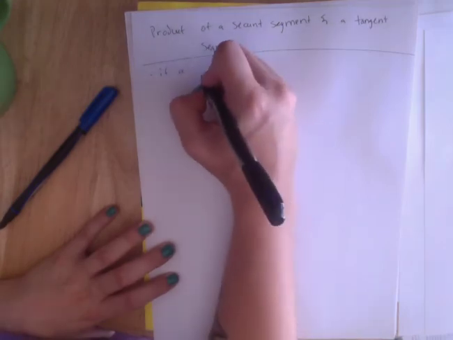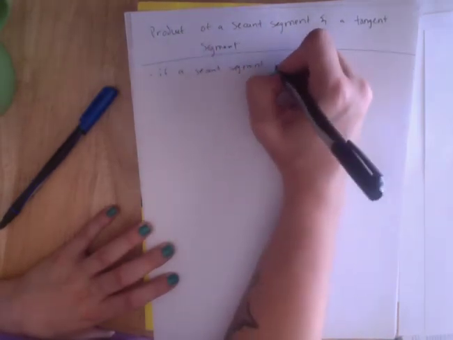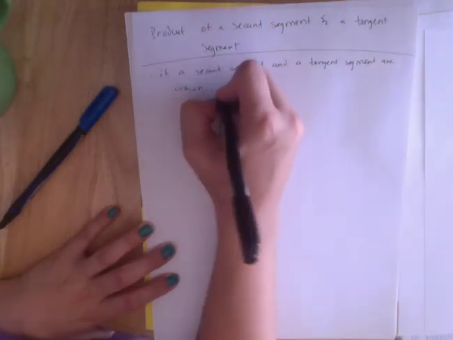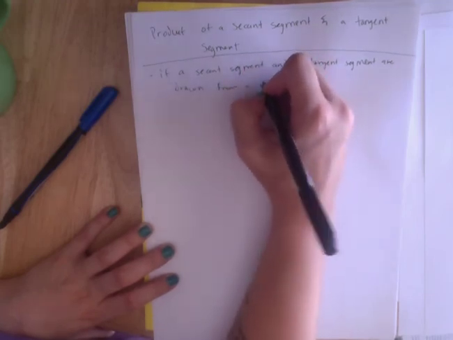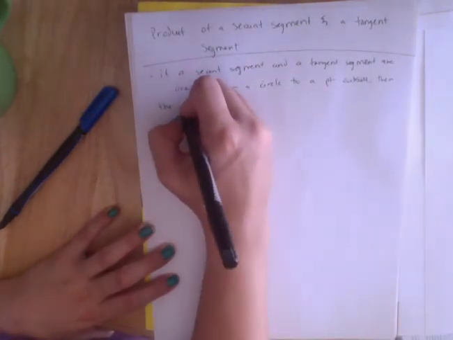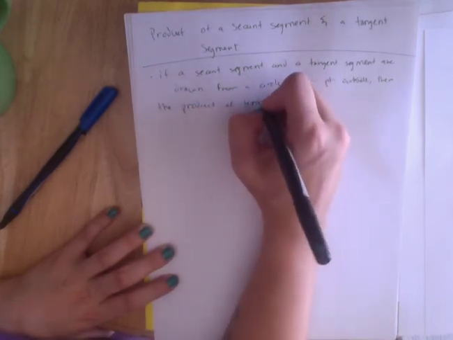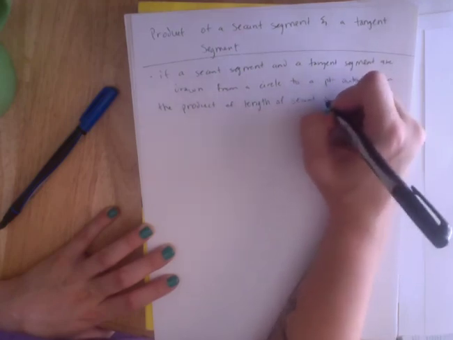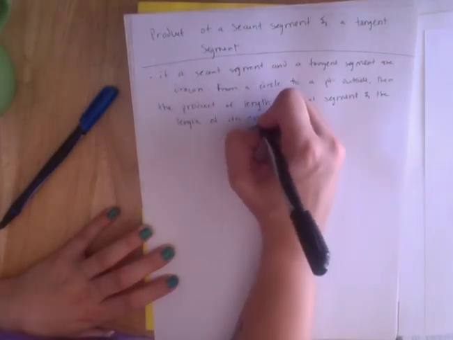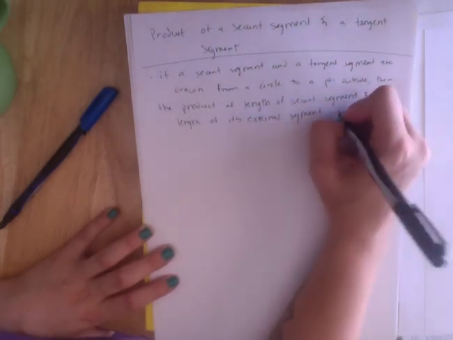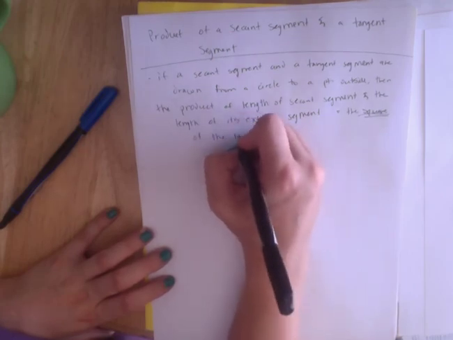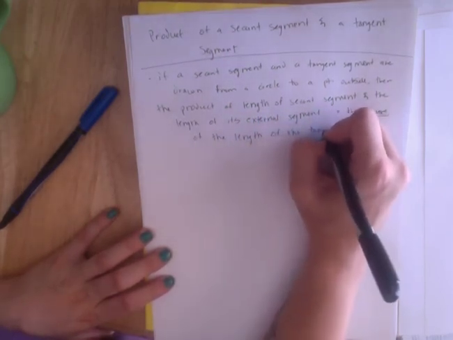Okay, if a secant segment and a tangent segment are drawn from a circle to a point outside, then the product of the length of the secant segment and the length of its external, just like the last one, equals the square, means we're squaring something, not square root, the square of the length of the tangent segment.